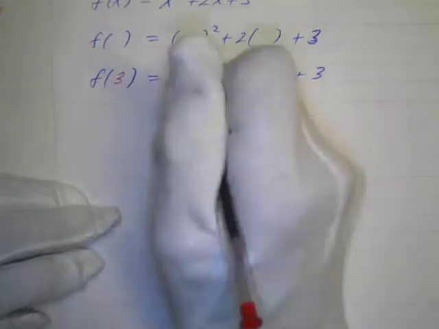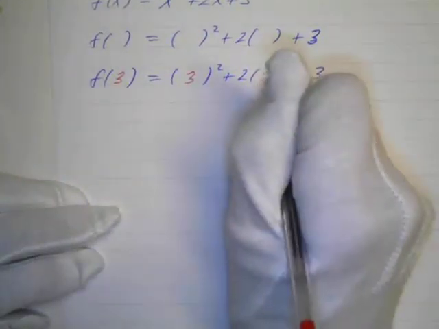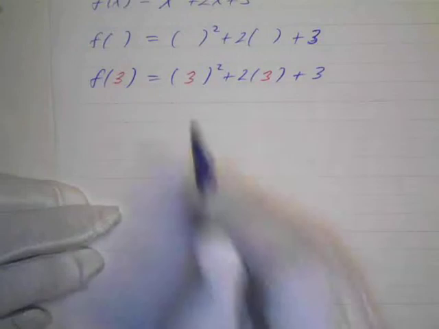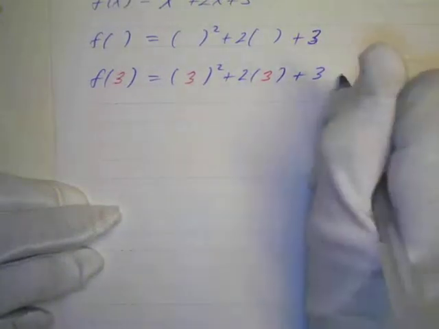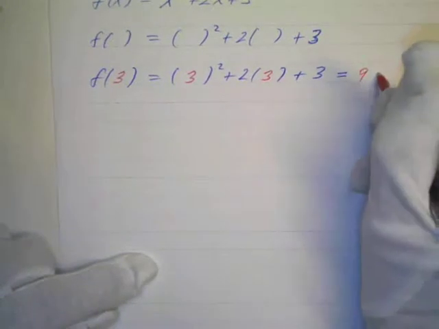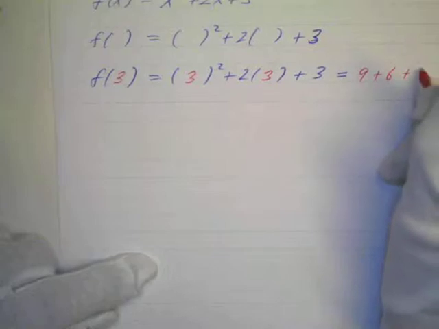So every time I see an x, I would put a 3, so that would be 3 squared plus 2 times 3 plus 3. We just put it in the rule. What's 3 squared? 3 squared is 9. And 2 times 3 is 6, plus 3.